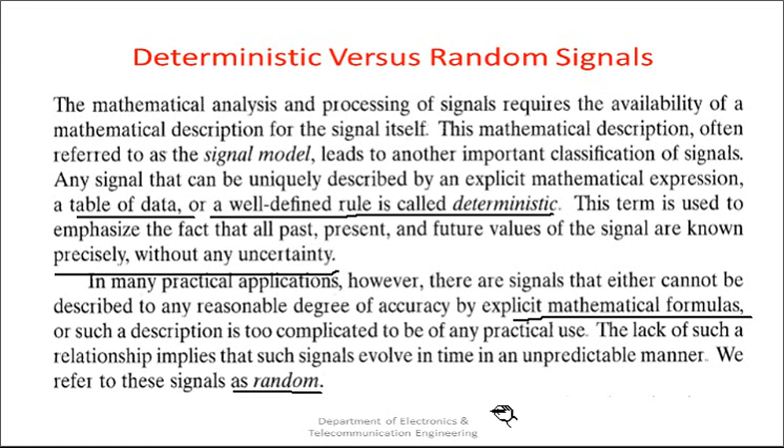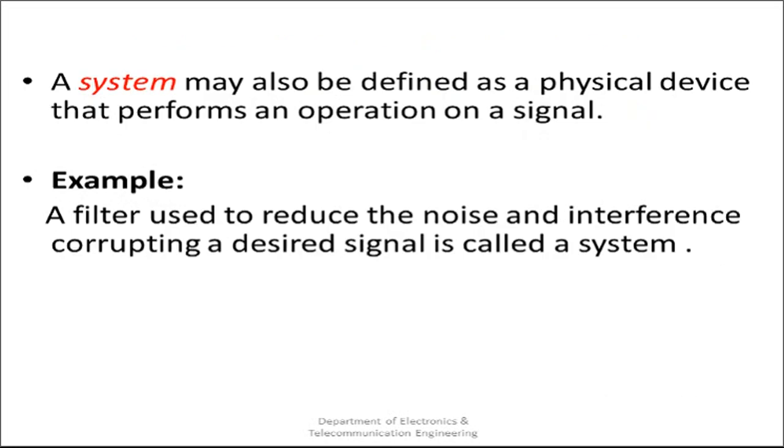Now let's see what exactly the use of all these signals is to the physical device which we call a system. A system may be defined as a physical device that performs an operation on a signal. Any device that performs an operation on a signal is, in short, a system. For example, a filter used to reduce the noise and interference in a desired signal is called a system.